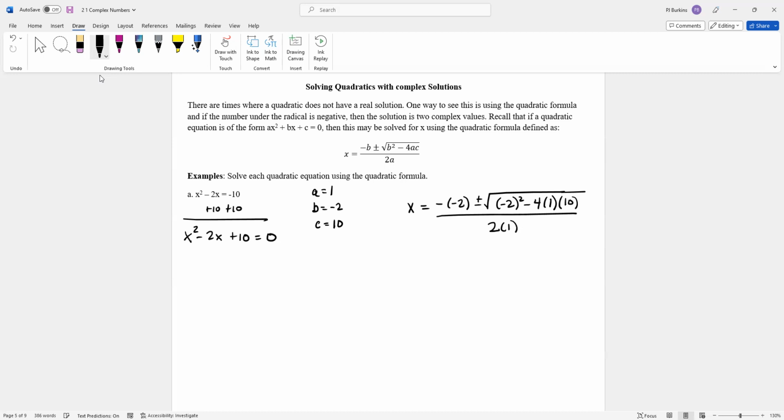All right, I'm just going to come over here now. So negative of -2 makes it 2, plus or minus, under the square root, -2 squared is 4. Then we have 4 times 1 times 10, that's 40, and we are subtracting that. And underneath, we're dividing by 2.